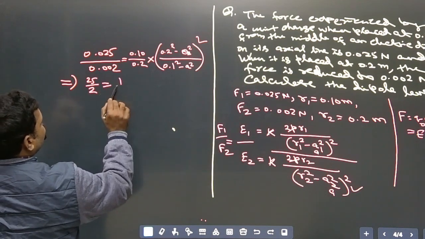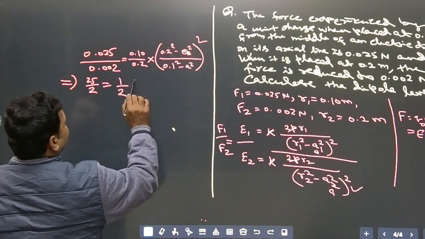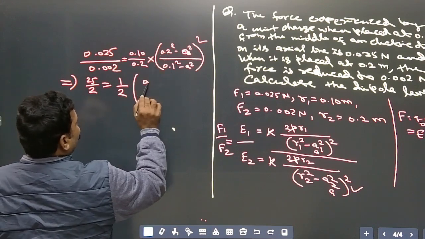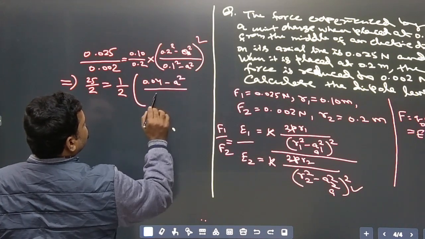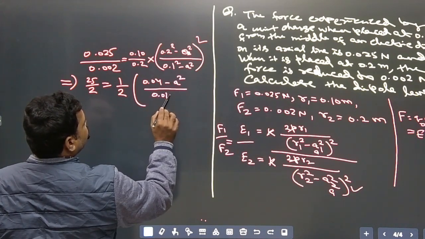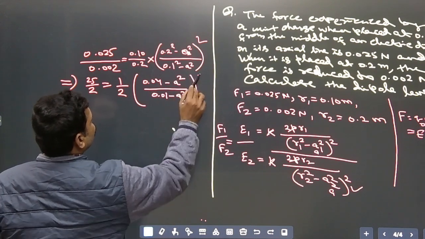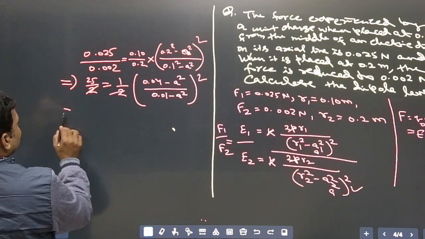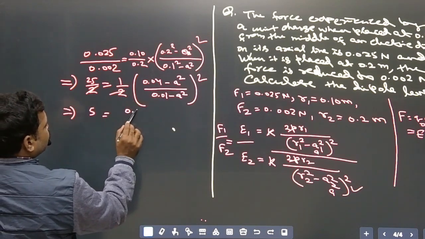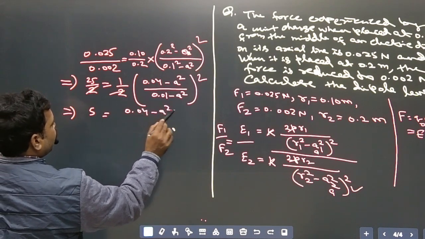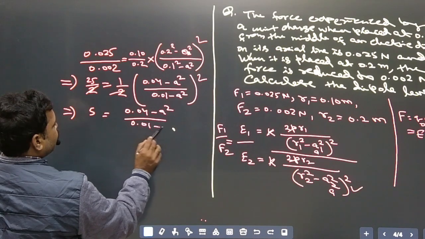Here this will be 1 by 2. Here we can take, this will be 0.04 minus A square divided by 0.01 minus A square whole square. So here it is cut. So if we take the square root, so this will come as 5. So 5 equals 0.04 minus A square upon 0.01 minus A square.